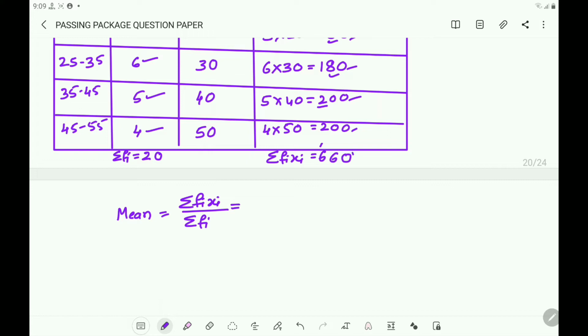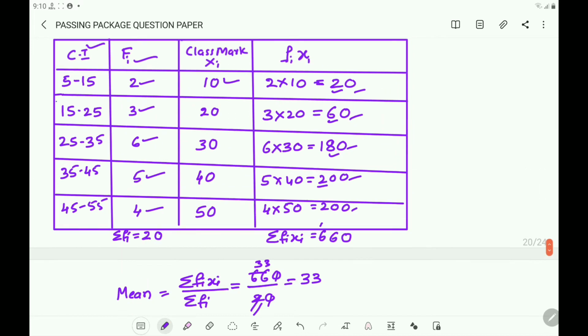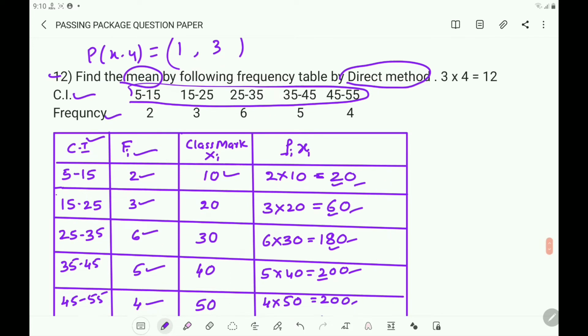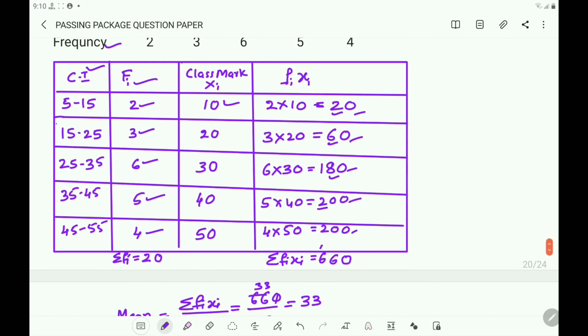Summation of FiXi is 660 divided by 20. So the zeros cancel. 2 threes are 6, 2 threes are 6. So what is the mean? Mean, that is x bar, equals 33. In this way we got the mean by the direct method. This is the direct method of finding the mean of a frequency distribution table.